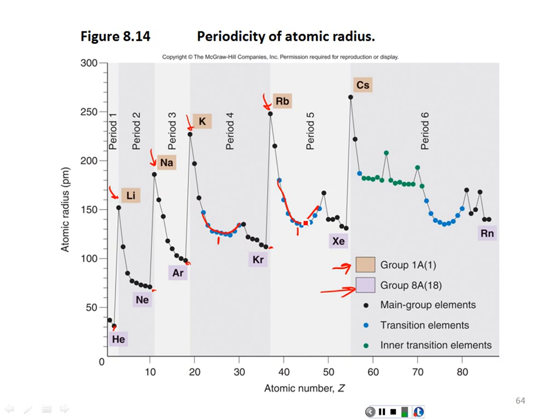This is not really an exception that I want you to focus on, or you don't really need to know that for this class. So any question that you're going to be asked about atomic size, you're going to assume that it follows the trend that the further down a group or the further to the left side of the periodic table you go, the larger the atom is.